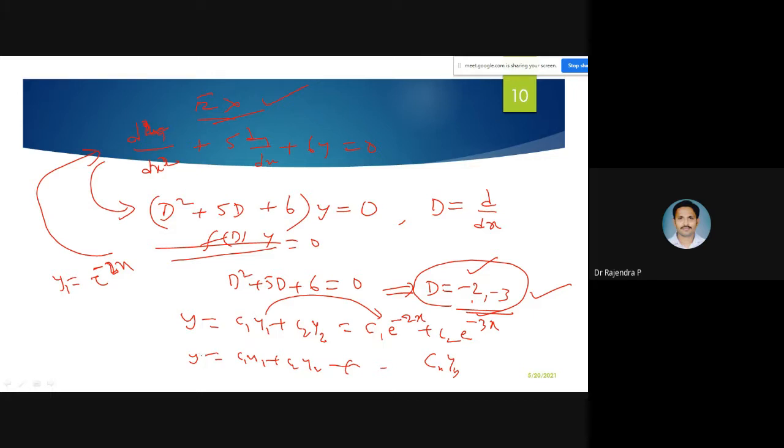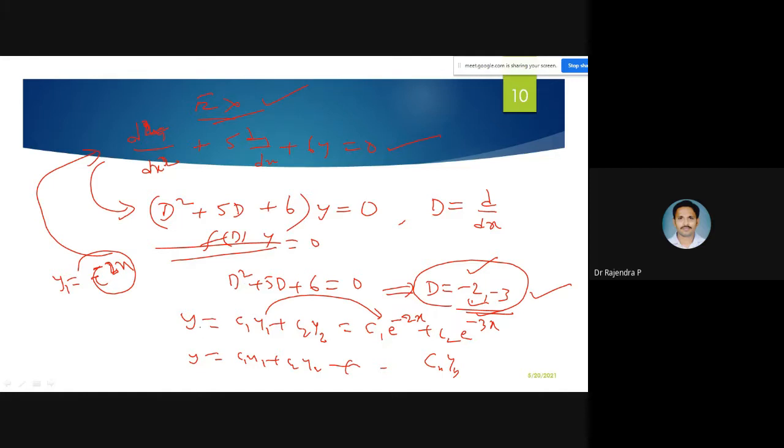D square y by dx square means 2 times. Y is your function. E power minus 2x we got. Two roots we got, which means two solutions for this differential equation.